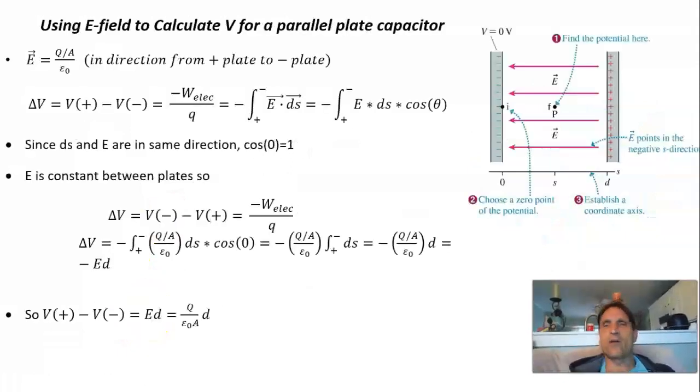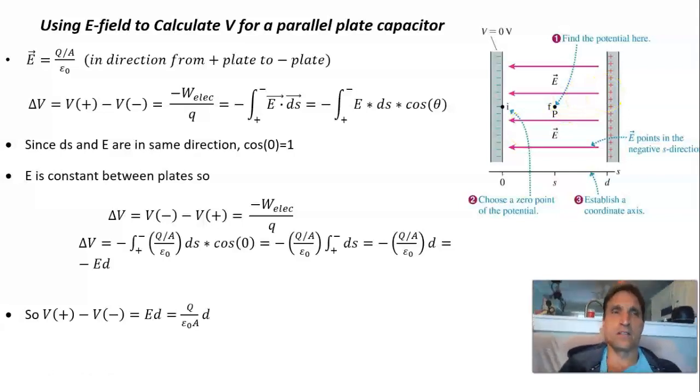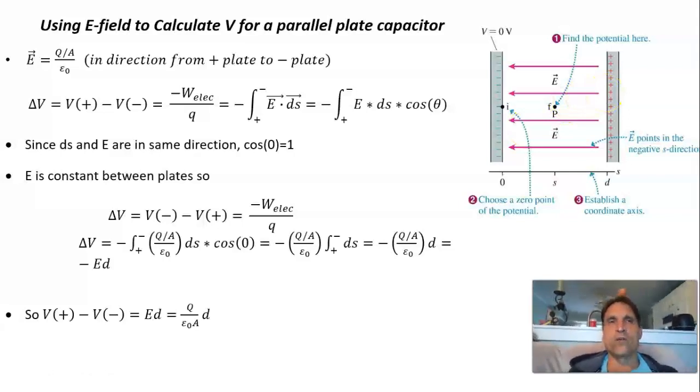Okay, let's do another example. Let's find the potential difference between the two plates of a parallel plate capacitor. Okay. Now, we derived in chapter 23, we know the electric field between here. We know that the electric field is equal to the charge per area, in other words, the area charge density in two dimensions, charge per area divided by epsilon naught.